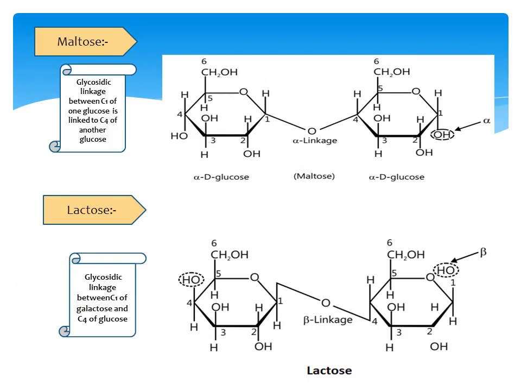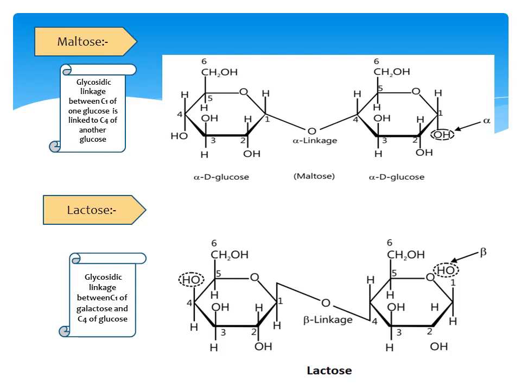Similarly, after sucrose, here I have given some more important structures together with their linkages. For maltose, the glycosidic linkage is present between the first carbon of one glucose and the fourth carbon of another glucose, because when you hydrolyze maltose you get two glucose units, isn't it?